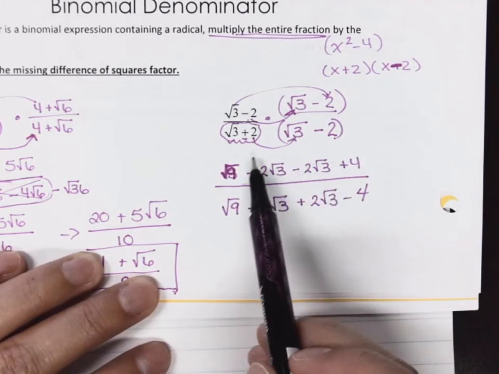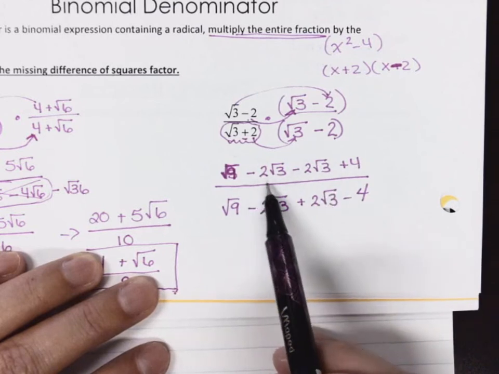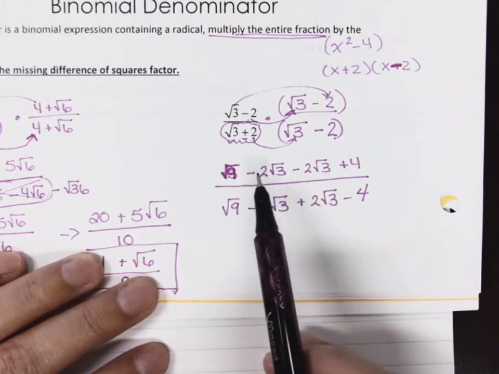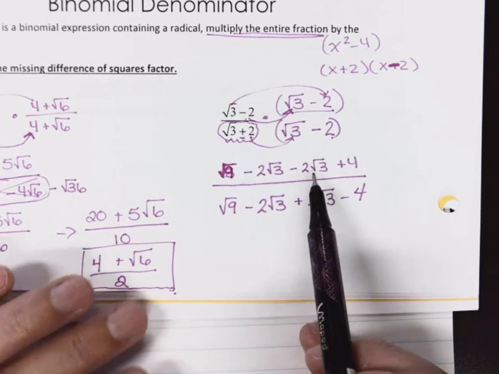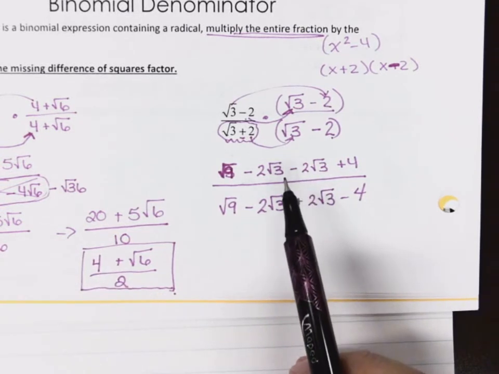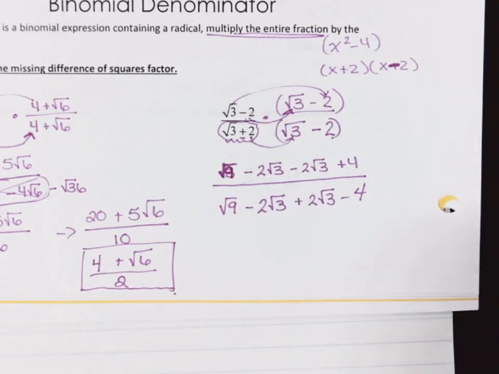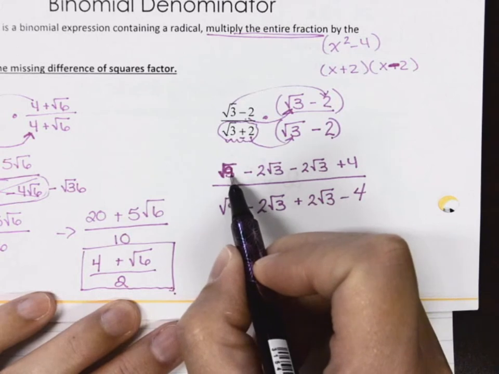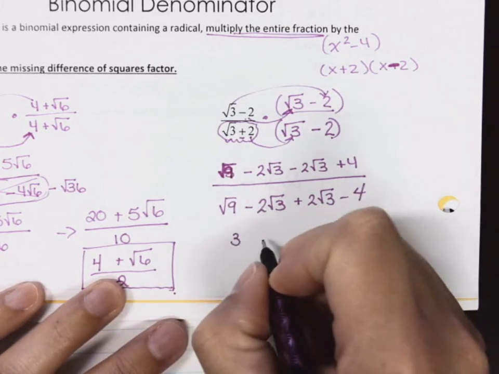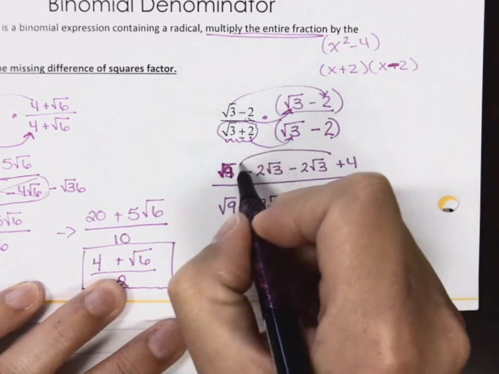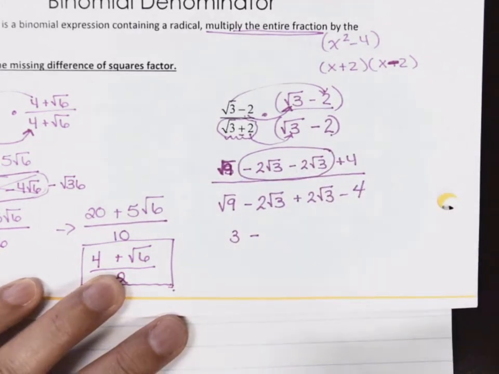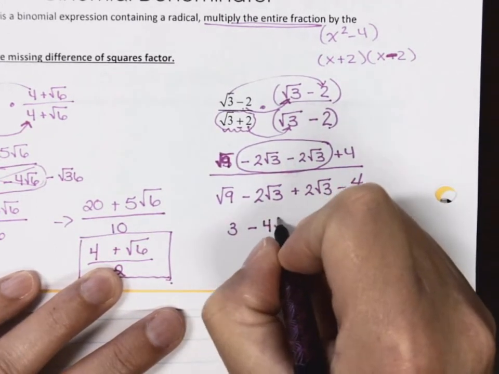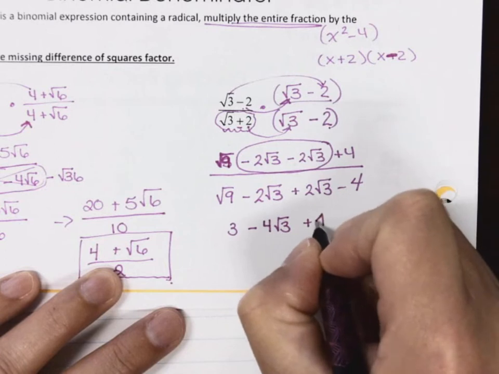Can I cancel the ones on my numerator out? No, because it's a negative 2 and then another negative 2. It's like it's negative 2 outside and you go down 2 more degrees. I can simplify this one though. So that'll be 3 minus, so let's combine these. What are these? 4 root 3 plus 4.